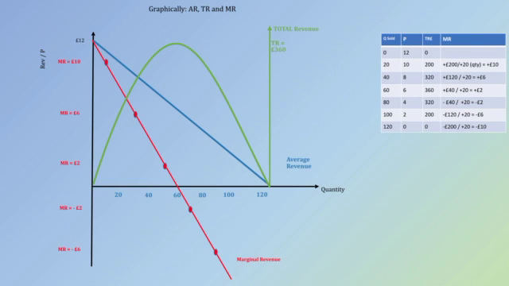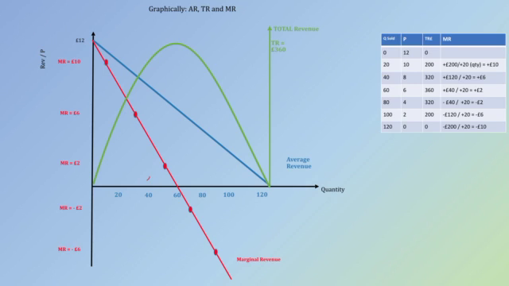So there's the graphic representation of all three curves, and they're very useful to know, because at any point here you can go up and tell me what the marginal revenue is, and you can go up and tell me what the total revenue is. Let's draw it in first.